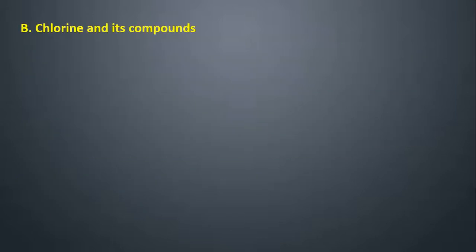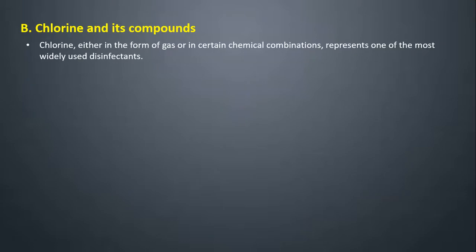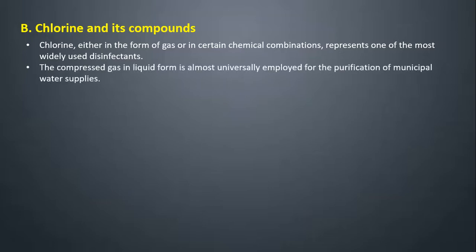Chlorine and its compounds. Chlorine, either in the form of gas or in certain chemical combinations, represents one of the most widely used disinfectants. The compressed gas in liquid form is almost universally employed for the purification of municipal water supplies.